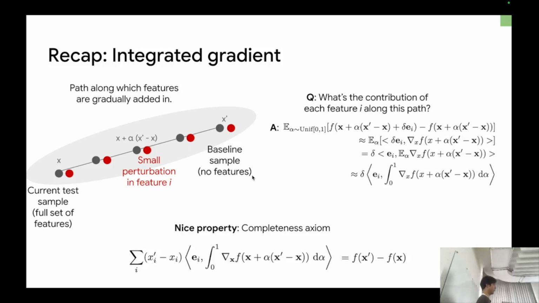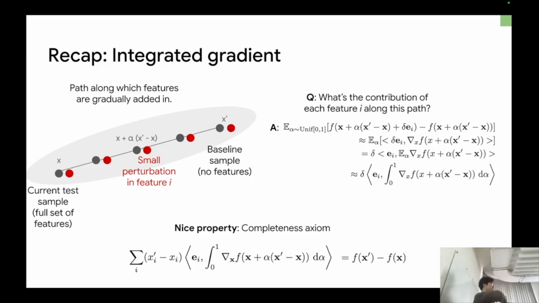So let's do a brief recap of what integrated gradient is doing again. Right, so we have a test sample again, that consists of all features that are present in the test input. And you have a baseline without any features. And you draw a linear line between the two because it's a continuous space.